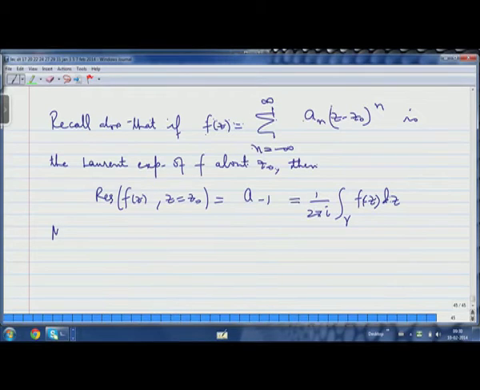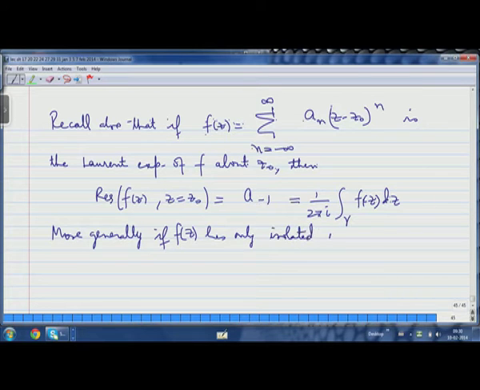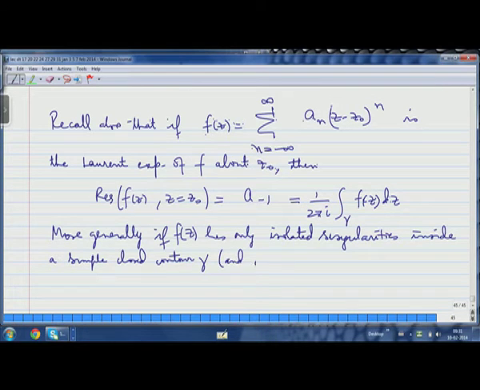More generally, if f of z has only isolated singularities inside a simple closed contour gamma, and of course I am assuming that on the contour there are no singularities, and f is analytic on gamma.